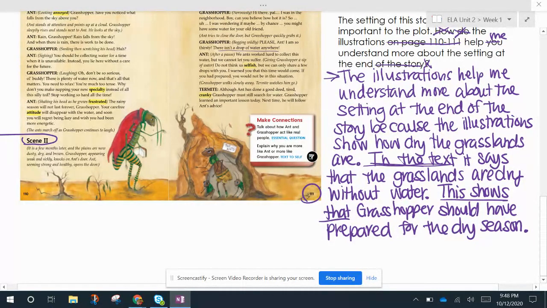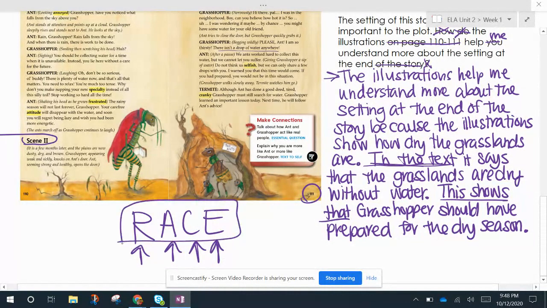Even though we're moving on to a different skill, we still need to use the skill of RACE, which is restate, answer, cite, and explain, because we're going to be using this all year long to show that we are looking back in the text for our answers. Okay, that is it for today's lesson. We will be practicing this the rest of the week, so make sure you remember to use RACE, look at the pictures, and in the text.